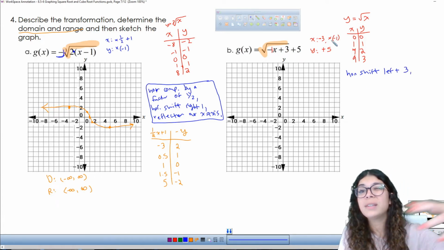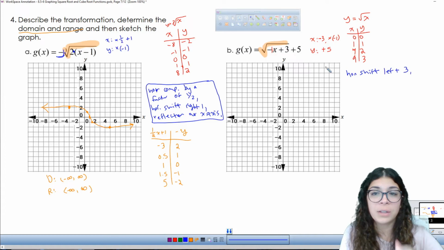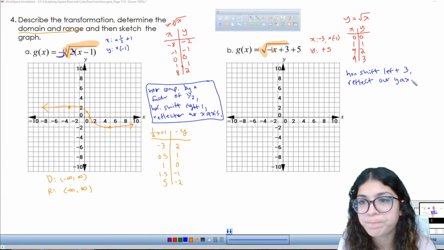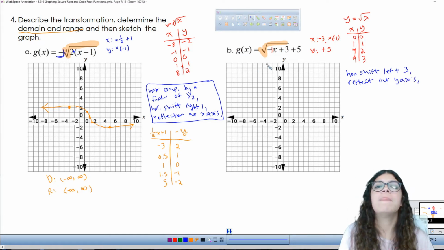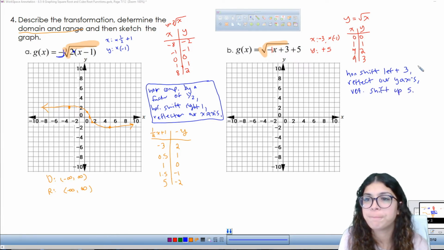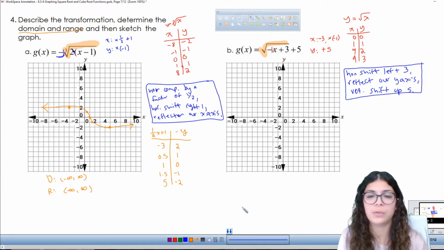So we're changing the sign of the x value, which means we will reflect over the y-axis. Okay, and then we will add 5 to the y value, so that is vertical shift up 5. And those are the transformations, the description of the transformations.